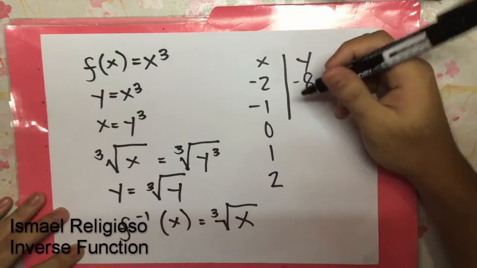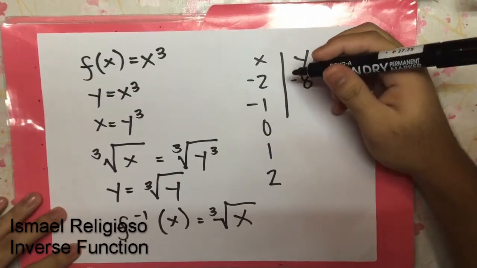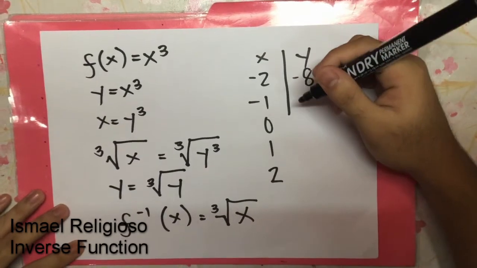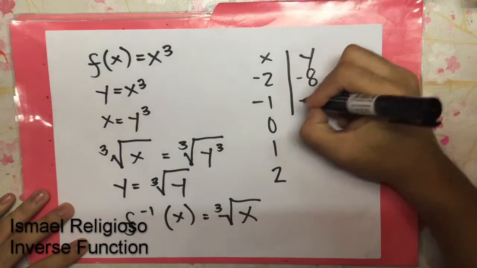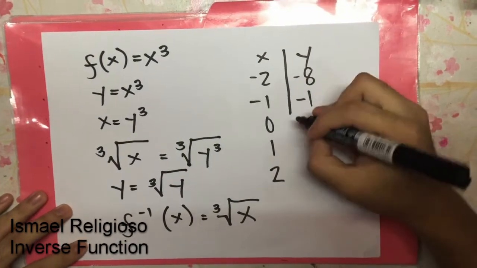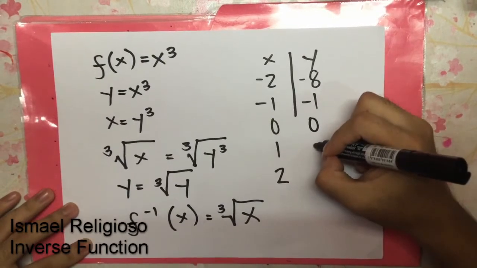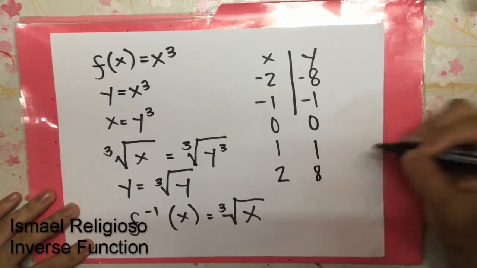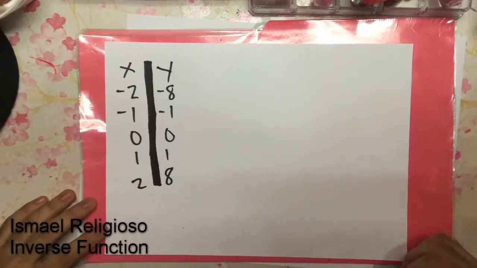For the -1, we'll substitute that to x. That will be -1 raised to 3, and it will come up with -1. So the 0 will get 0, and we're just going to copy the positive values. So let's graph the chart.